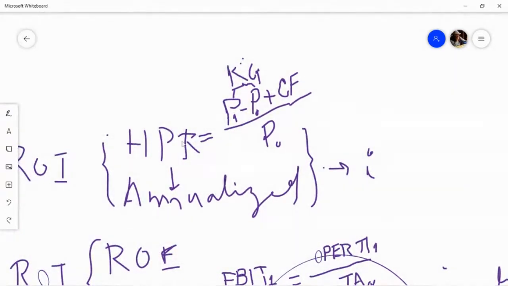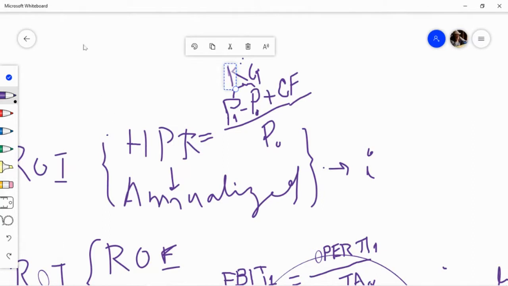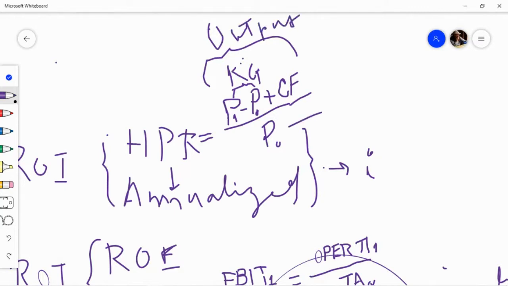Capital gains and income, that's the output, and this is the input.